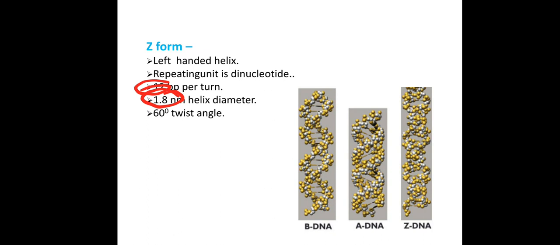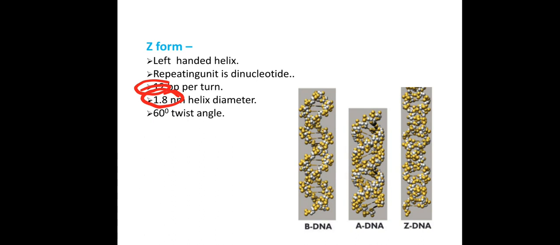What is this twist of the angle? Imagine a staircase: the angle between the first step and the second step, they are not at right angle to each other, isn't it? They are slightly twisted, and that twisting in case of ZDNA is 60 degrees.